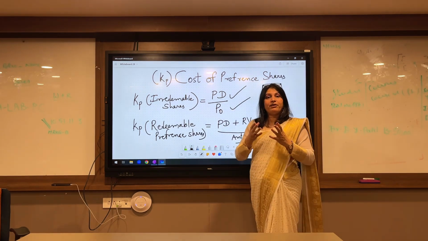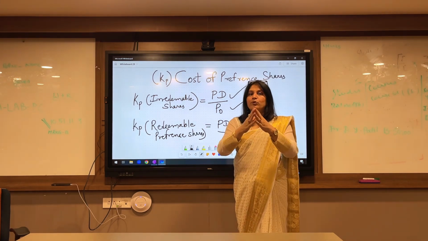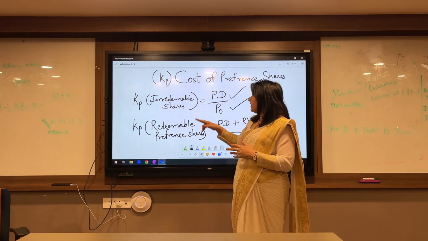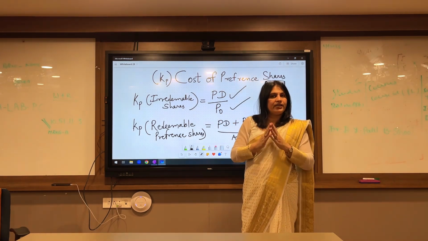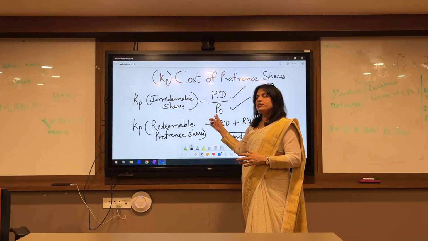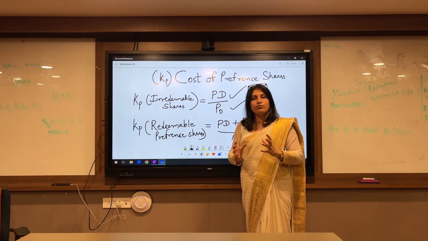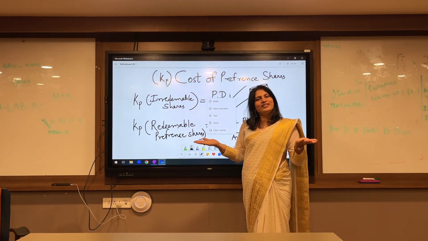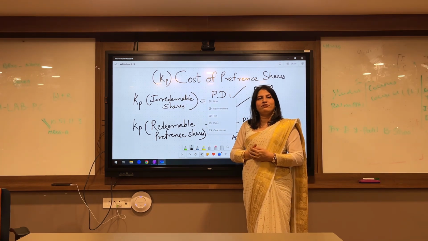And let's say that the preference shares was 10% preference shares. So what will be the cost on 90? 10% of 90 will be the preference dividend. Remember one thing, any discount, any flotation cost has to be deducted, and in P0 we only write the amount received. So very simple. The cost associated to preference share is preference dividend divided by the amount received by issuing preference shares.